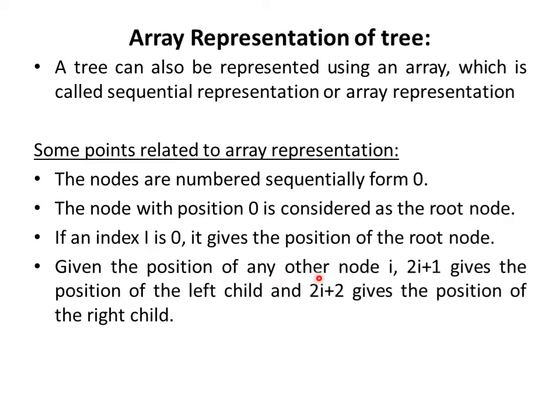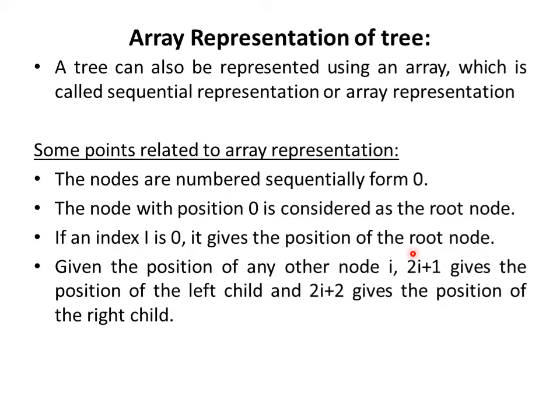If the given position of any other node is i, then 2i plus 1 gives the position of the left child, and 2i plus 2 gives the position of the right child. Now assume I give a value i equals 0, then 2 into 0 is 0, plus 1, gives 1.